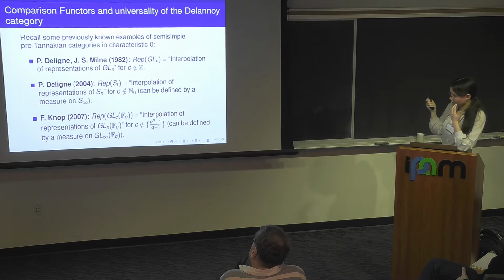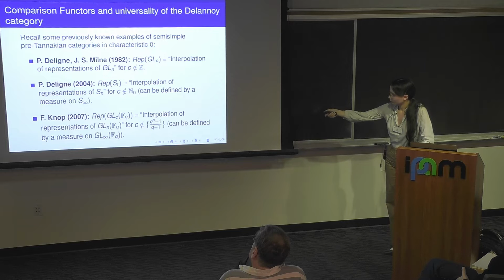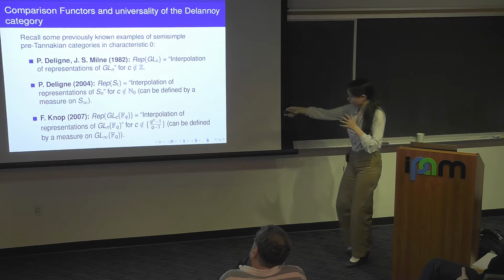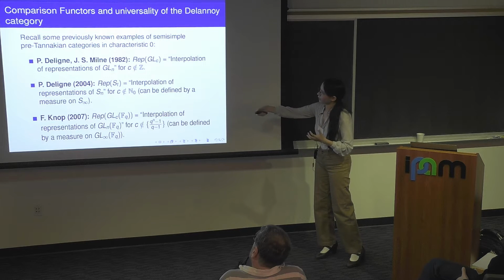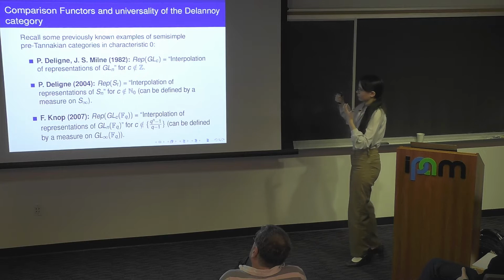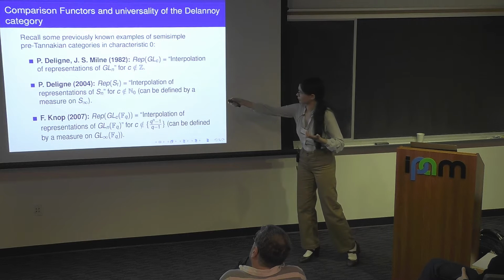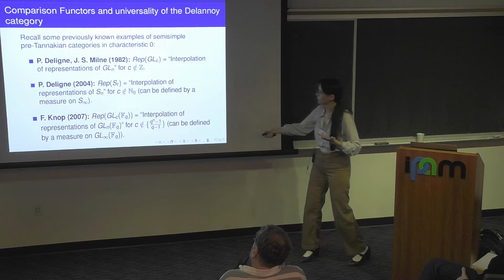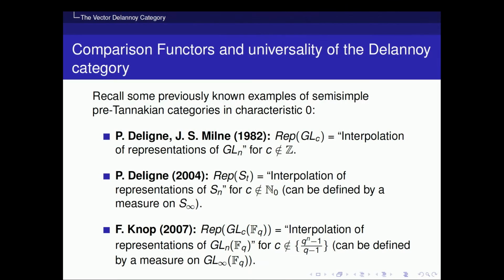And so Friedrich Knop in 2007 created a Q greater than 1 analog of Rep of S_T, which is Rep of GL_T(F_Q), the interpolated representations of GL_N(F_Q).